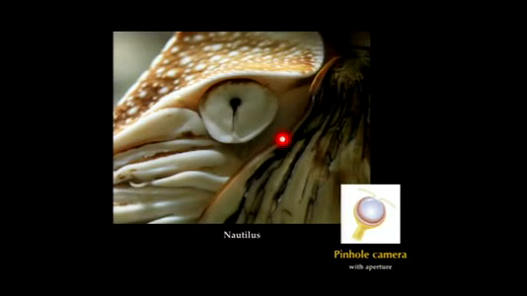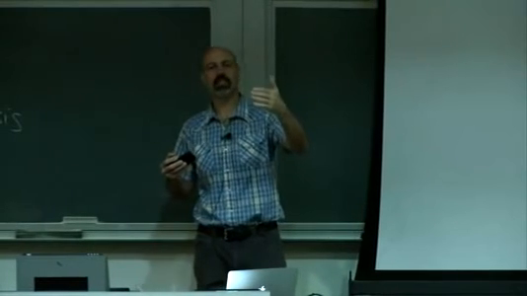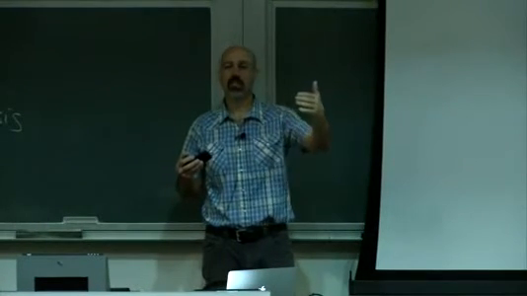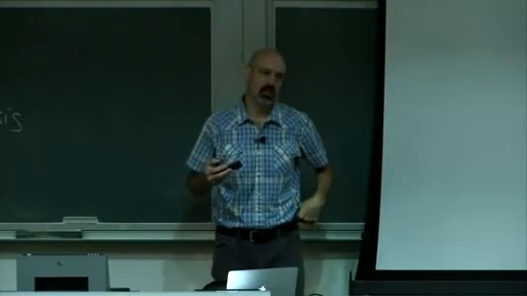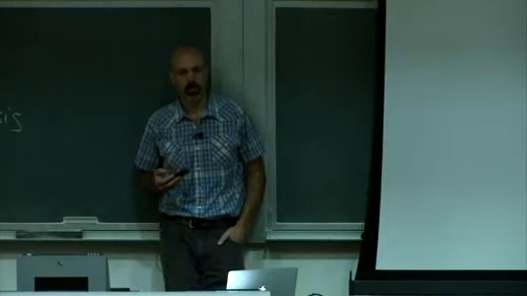Organisms like nautiloids, this is a living creature called a nautiloid, still exists. Well, it has a somewhat more complex eye that functions like a pinhole camera that has an aperture that can be opened and closed to allow more or less light in and to give the organism some sense of depth of field, if you know something about the way an aperture functions on a camera.